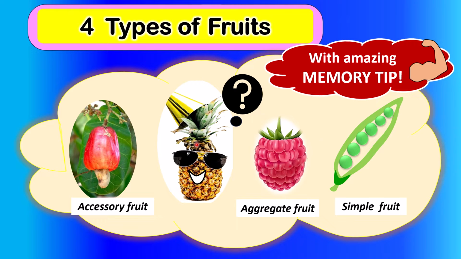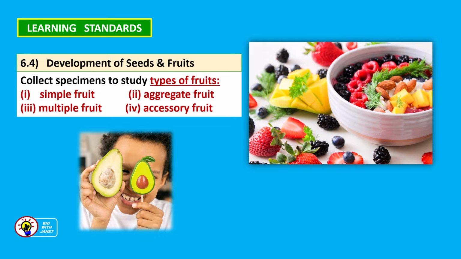We have to know how to classify the fruit according to its fruit type. So let's find out more about the different types of fruits. The learning standards are as follows. 6.4, development of seeds and fruits.